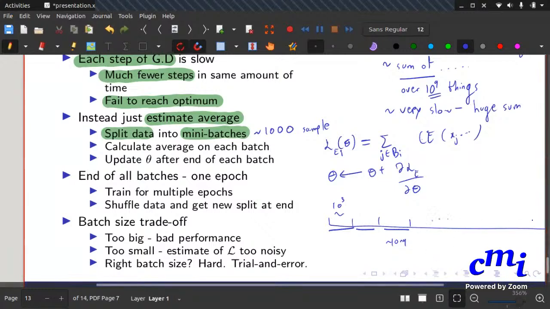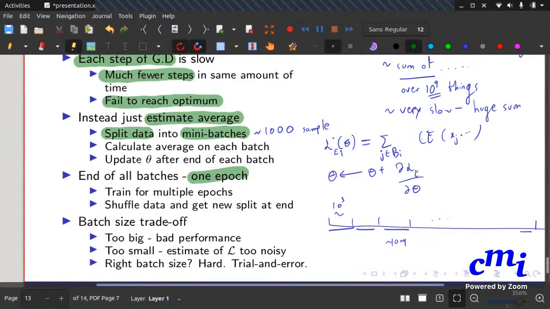So we do this until we get to the end of the data set, and then we shuffle the data set, split it into mini batches, and repeat again, right? Once we get to the end of the data set and shuffle things, that is usually called one epoch. One epoch is going over the entire data set once.